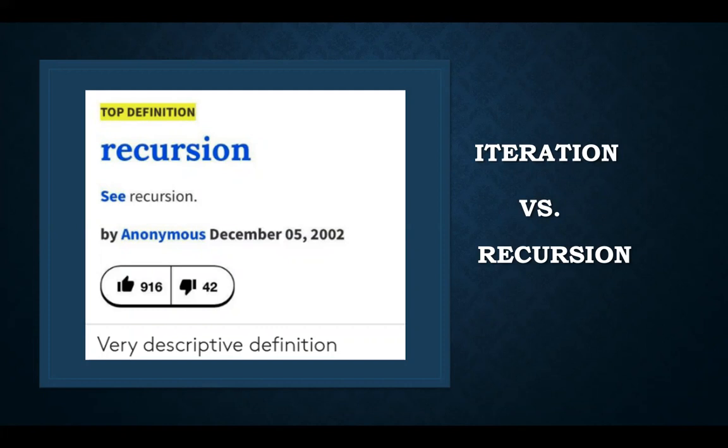The concept of recursion and iteration is to execute a set of instructions repeatedly. The difference between them is that recursion is simply a method call in which the method being called is the same as the one making the call.